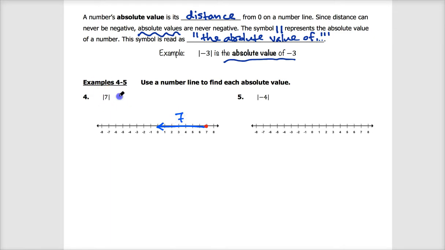And so the absolute value of 7 is therefore 7. The absolute value of -4, we find that by starting on -4 on the number line and measuring how far -4 is from 0. Remember, distance itself is not negative, and so the absolute value of -4 is 4. 4 units away from 0.